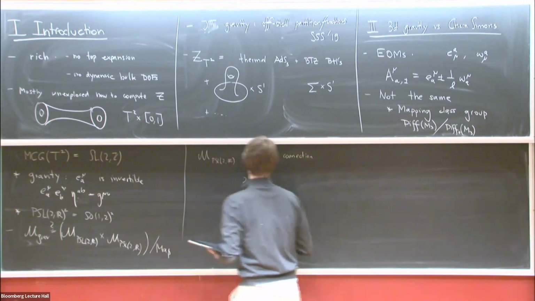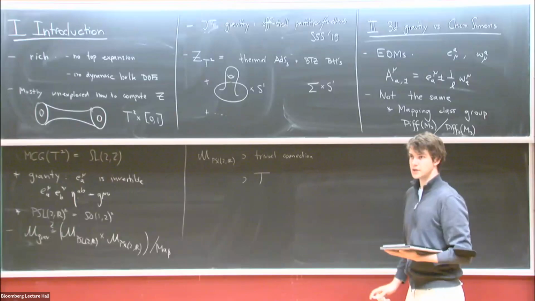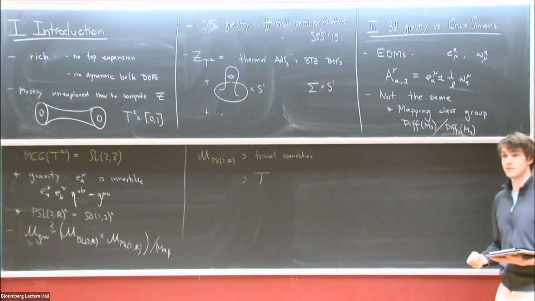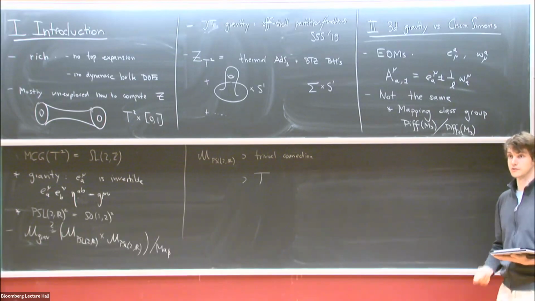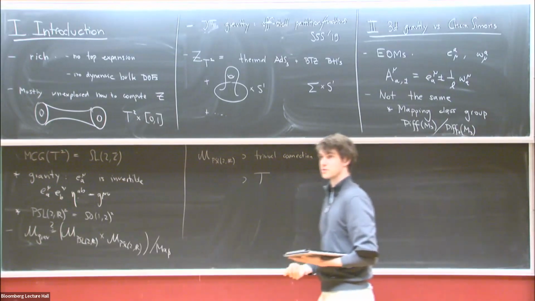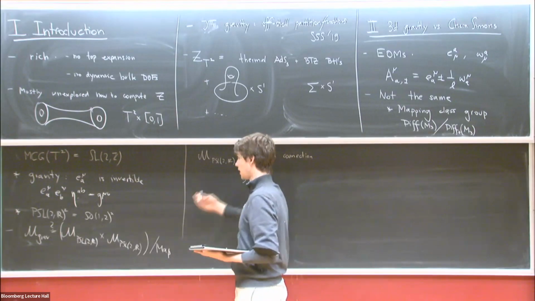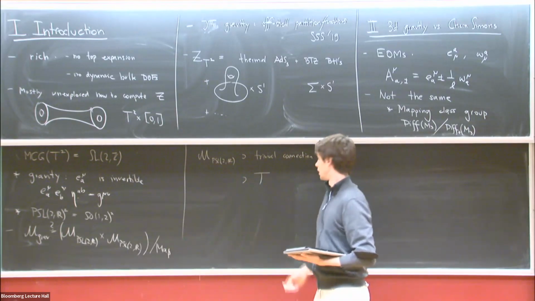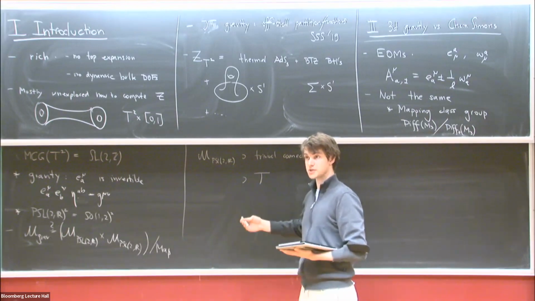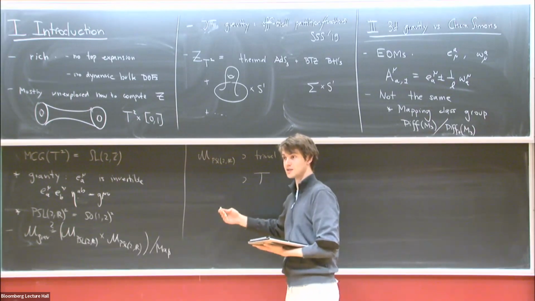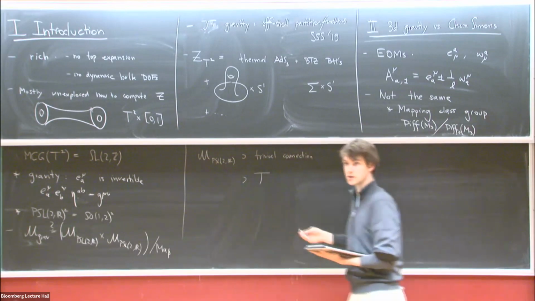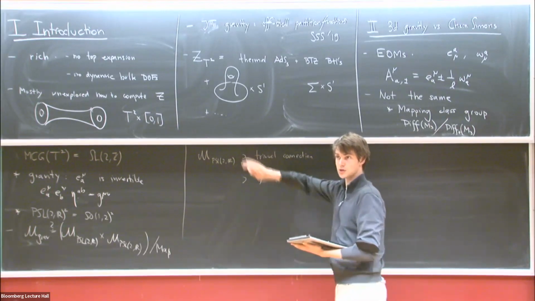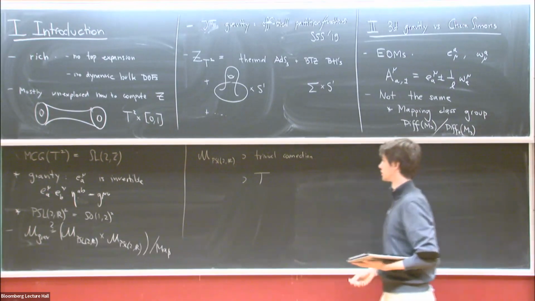Let me just call it T. The Teichmüller component consists of PSL2R connections that come from a hyperbolic structure on the Riemann surface. Whenever you have a hyperbolic structure on the Riemann surface, its tangent space is a flat PSL2R bundle. And not every flat PSL2R bundle can qualify as a tangent space. For example, the trivial one cannot. And that is actually disconnected from this one. So they're not continuously connected. It's not just an open subset.